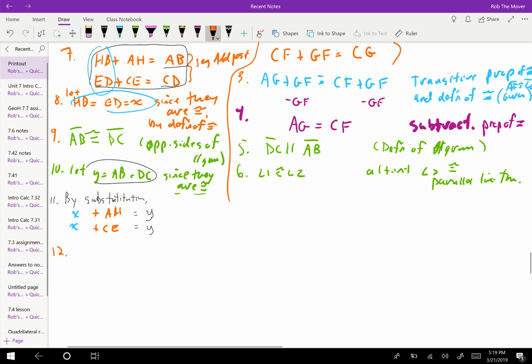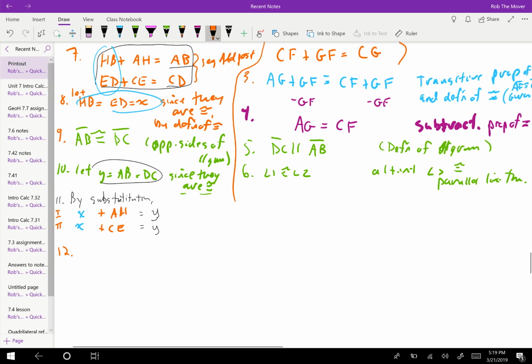Okay. Now, by subtraction property on each equation, let me call this equation 1 and equation 2. If we subtract x on both sides, we get AH equals y minus x, and CE also equals y minus x, by the subtraction property of equality.